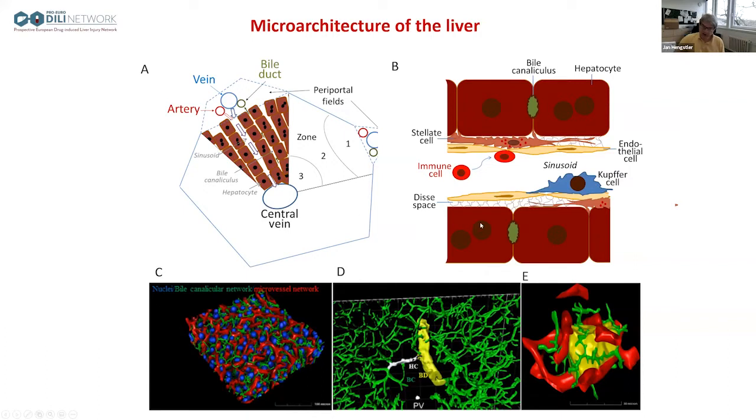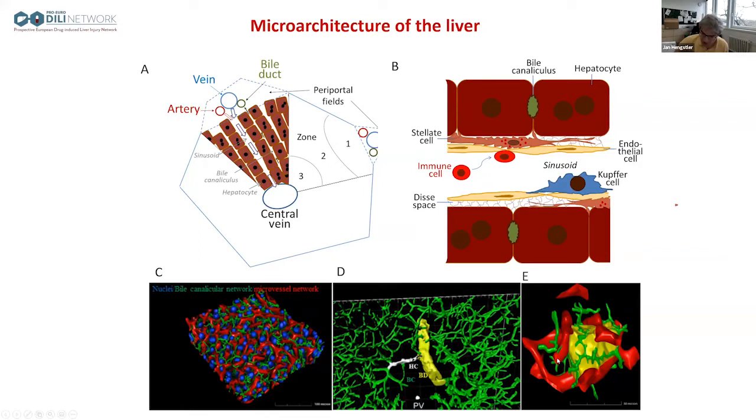And while these are schematics from textbooks, it is of course clear that in reality bile canaliculi are not such straight channels. They are shown here in this figure. In reality, they are a complex network which is connected via these channels, also named canals of Hering, to the interlobular bile ducts.